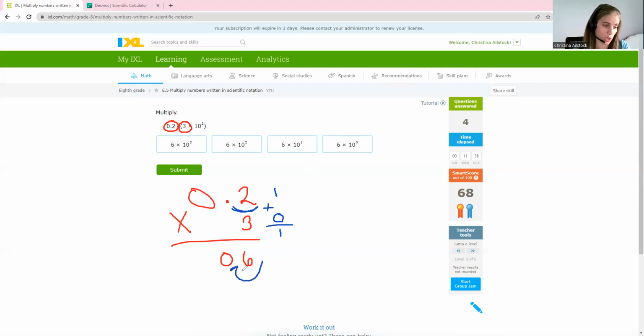So there should be 1 number following our decimal point. So 0 and 6/10 times 10 to the second, because we didn't have any other powers of 10 that would cause us to need to multiply that. So it just stays 10 to the second.